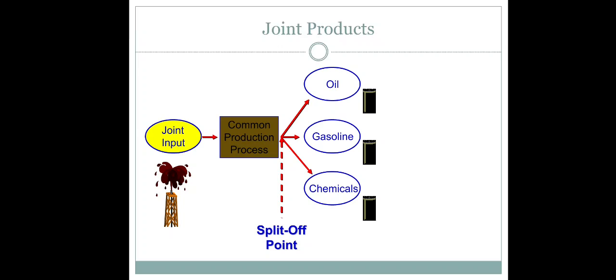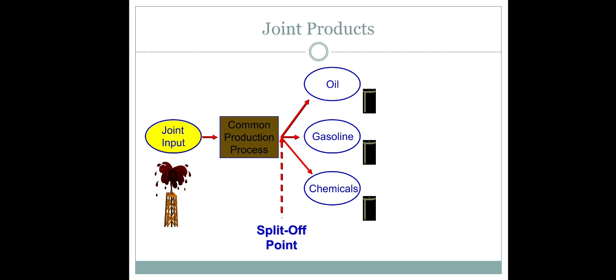The first one is oil, the second one is gasoline, and the third one is chemicals. So there are three products. These three products are called joint products. The raw material is the crude oil. Now see the split off point. The split off point is the point where three products can be identified from one raw material.